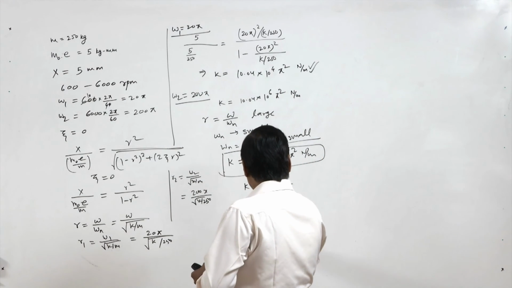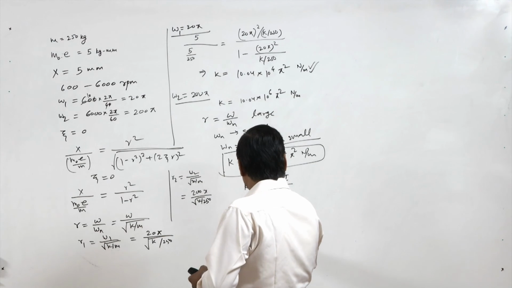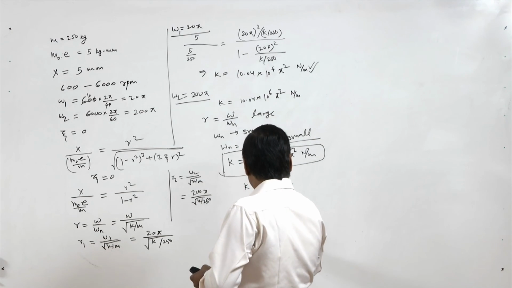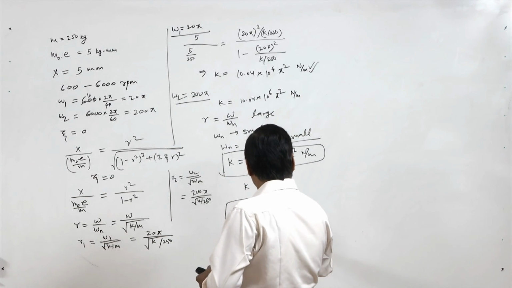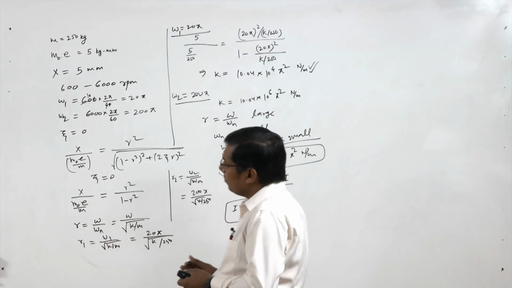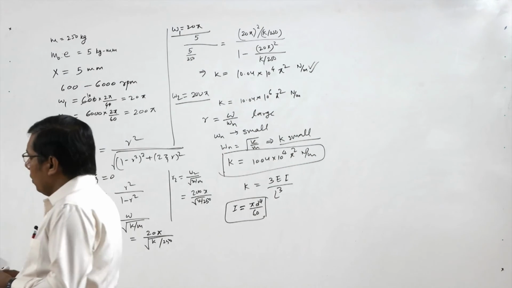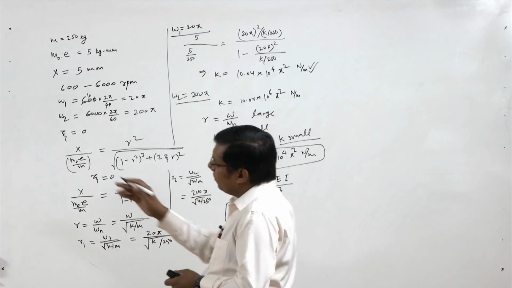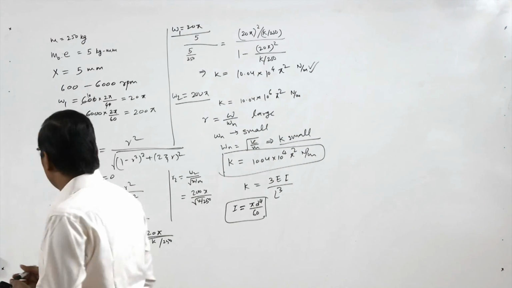And from here we know that I equal to pi d4 by 64 for a circular shaft, and E is the elasticity of the material, and L is the length given here equal to 2 meter.